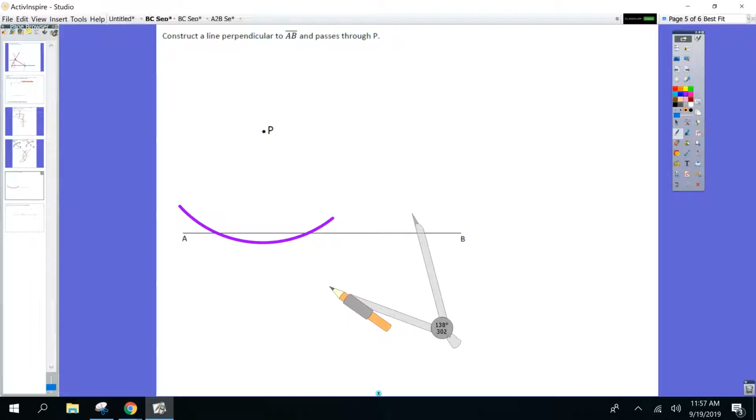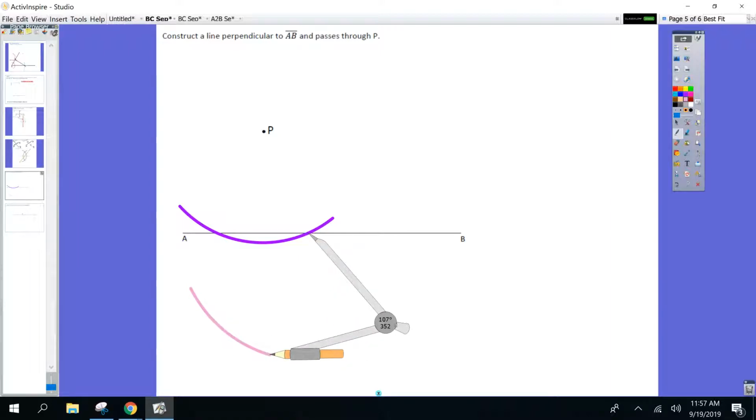All right, from here now, the next 2 arcs, I always like to open my compass up just a bit. Someday down the road, I'll tell you why. How many points of intersection do you have? Put your compass on one of them and make an arc down below. These next 2 arcs should be intersecting and have the same opening on your compass.